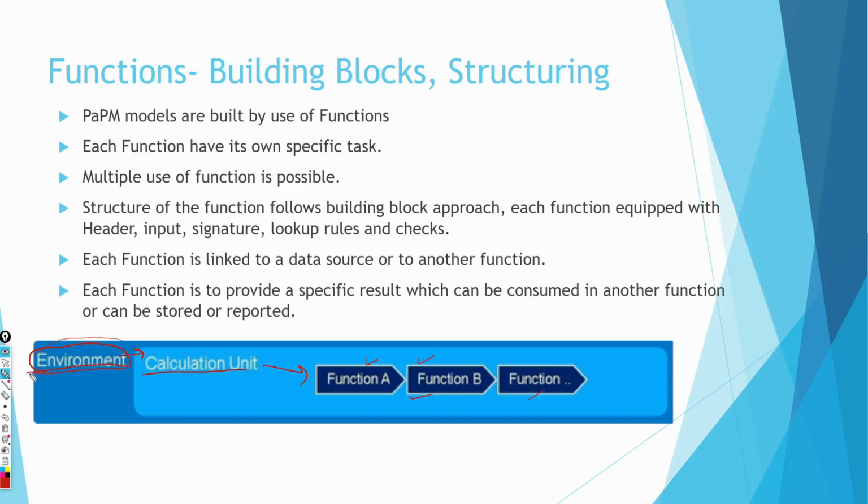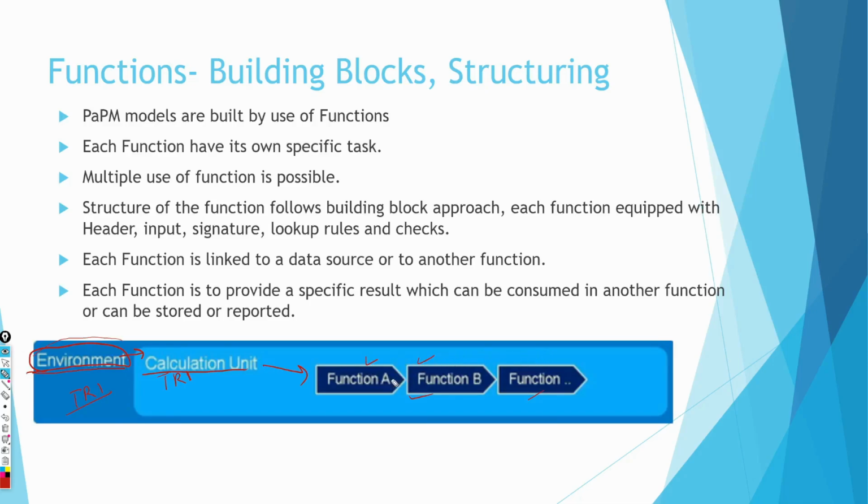First we create an environment. When we create the environment, for example, if I create environment TR1, a calculation unit with the same name, TR1, is created automatically. Under that calculation unit, we can start creating the functions. Functions means information function that brings data, processing function, writer function, adapter function, those kinds of functions.